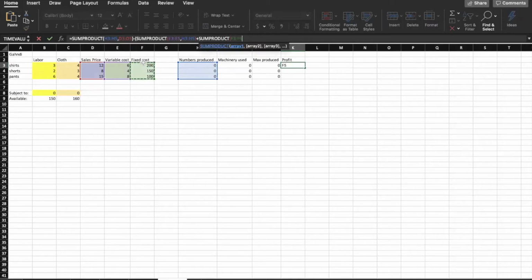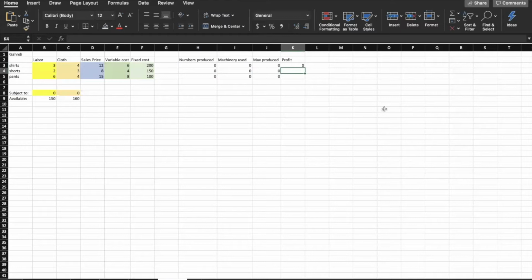So if the machine was used, that would cost us. If not, that would be just a 0. I'm just leaving it here for a minute so you guys can see which cells go where.